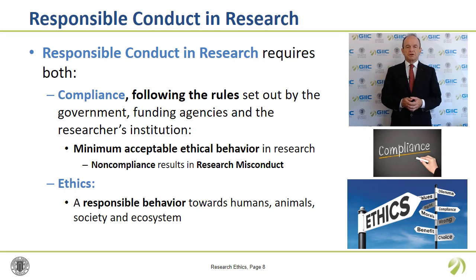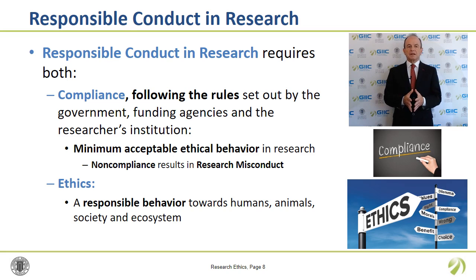Responsible conduct in research requires both compliance and ethics. Compliance means researchers follow the rules established by the governments, funding agencies, and the researchers' institution that include the minimum acceptable ethical behavior in research. Non-compliance results in research misconduct.